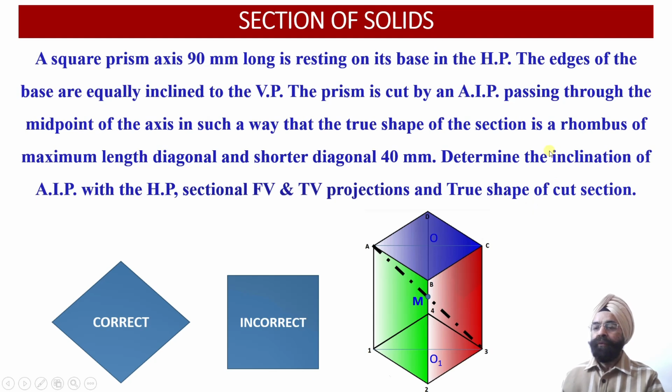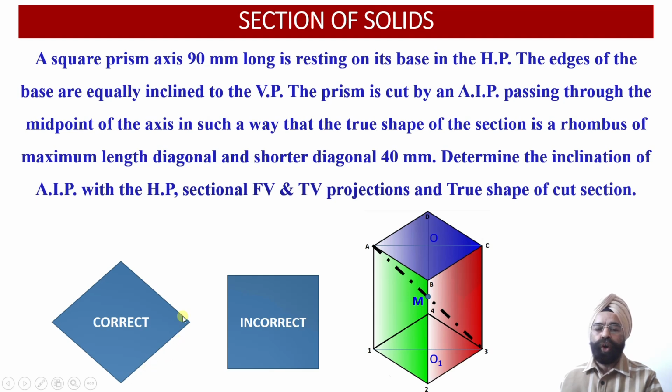So one thing is clear, that the length of this edge which joins the 2 points A and 3 will be represented as the major diagonal in the true shape projections. Similarly, the minor diagonal dimension of 40 millimeter has been drawn corresponding to these 2 points of the base of the square prism. So now indirectly we have been provided with the diagonal of the square prism.